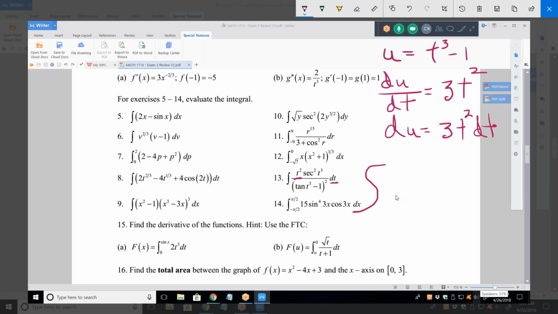So the t squared and the dt, actually I'm looking for a 3t squared dt, so let's put a 3 there, which means we have to put a 1/3 there. Now I do have a 3t squared dt, which I'm going to substitute du.